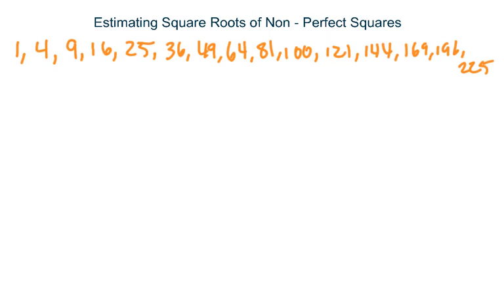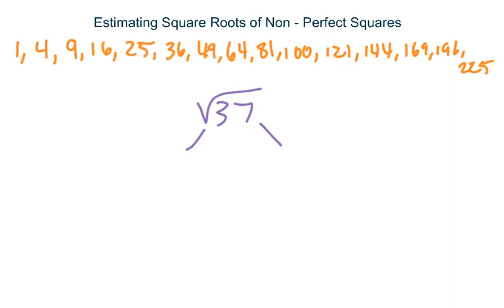So let's say I was asked to find the square root of 37. 37 is not a perfect square. There is no integer, so a positive or negative whole number, I could multiply by itself to get 37. So that means it has to be somewhere between two of my perfect squares.